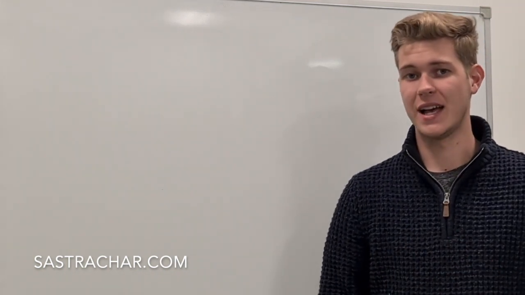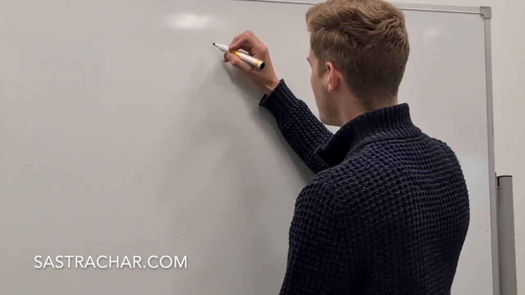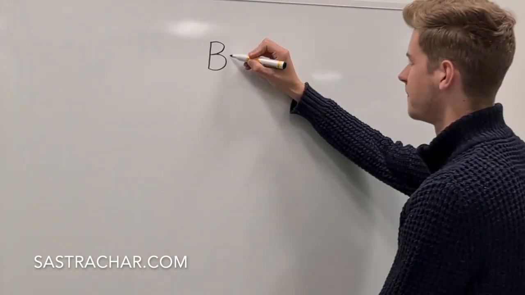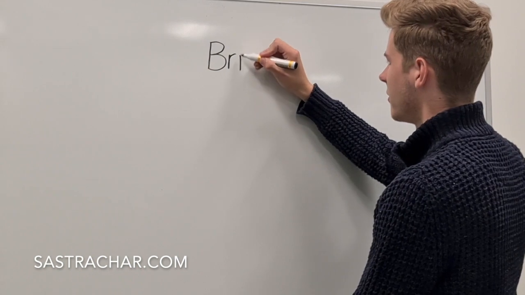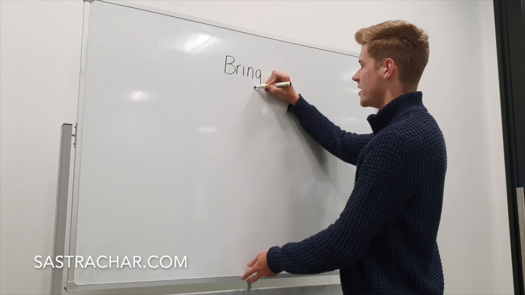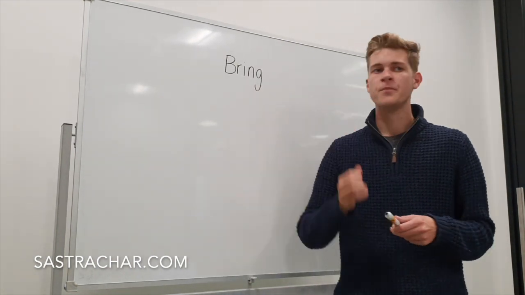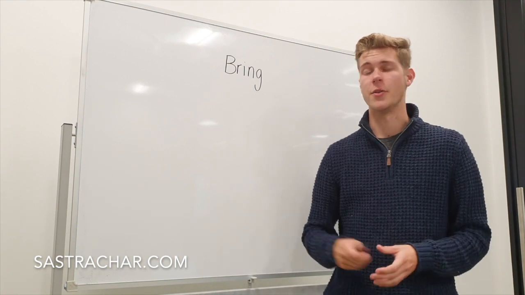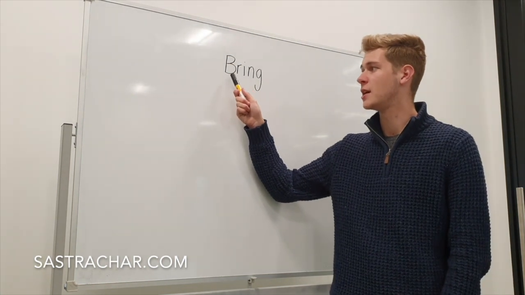Okay, I'm now going to write some words on the board, and you guys are going to help me pronounce them using the blending letters at the start. Here's the first word. B R I N G. Now what you guys may remember is that the blending sound at the beginning are the first two letters.